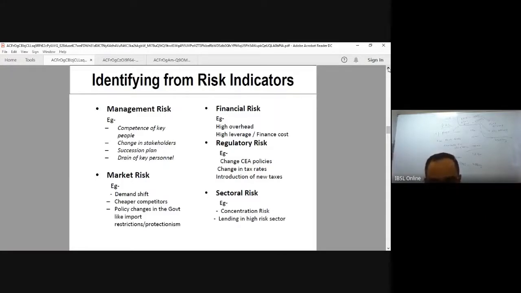Those changes can affect the business to which we have lent, right? Change in tax rates, corporate tax rates changing, withholding tax changing, VAT rates changing. These have a significant effect on the businesses, right?